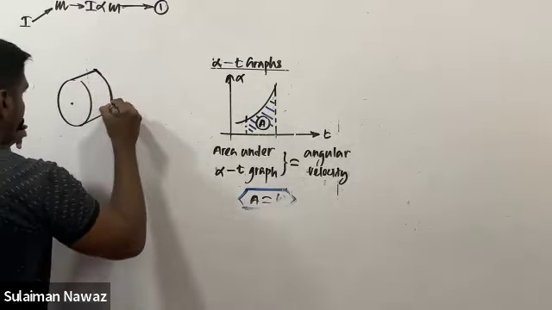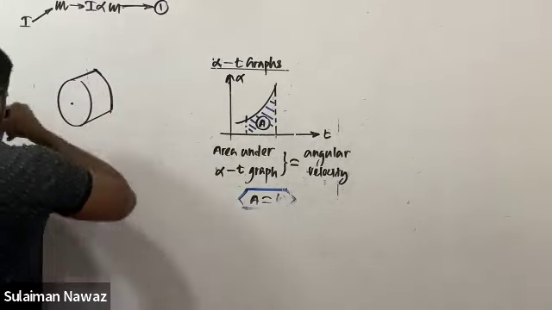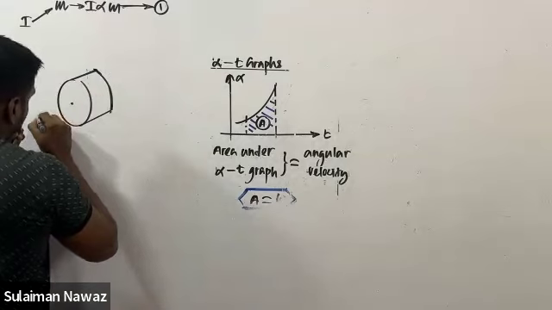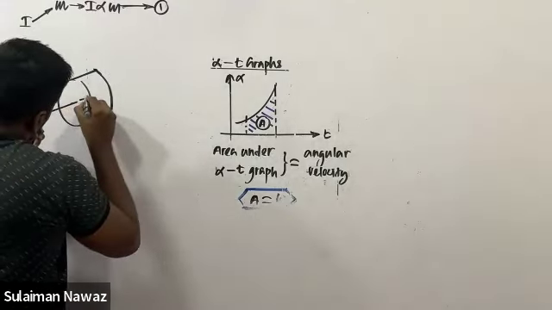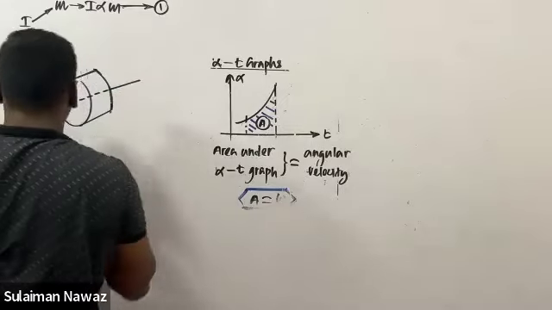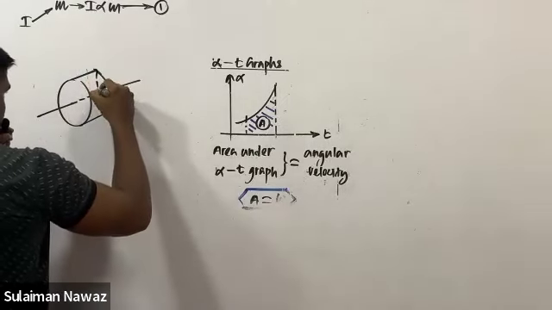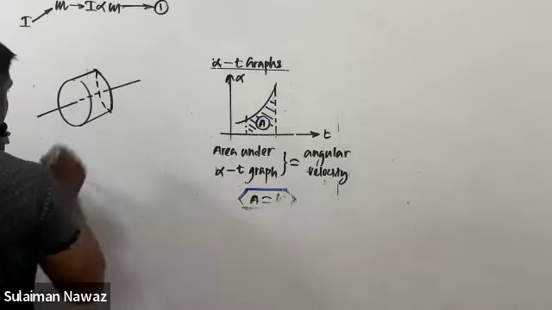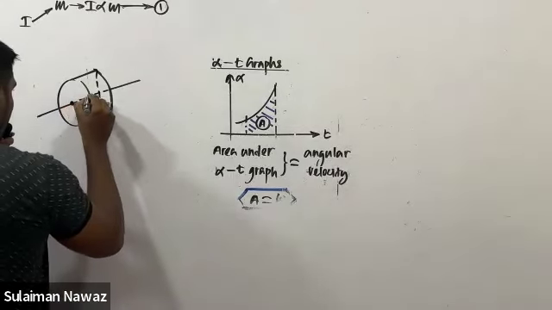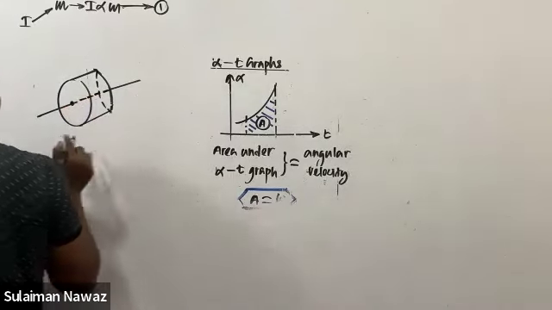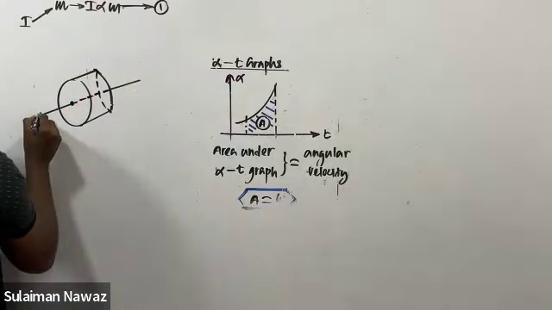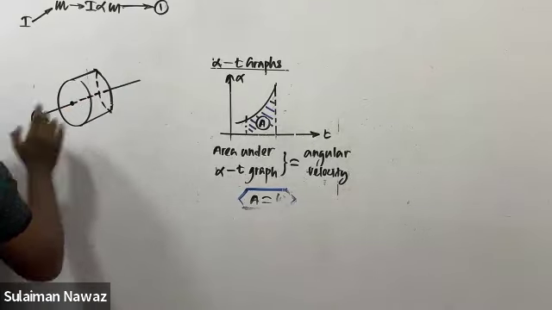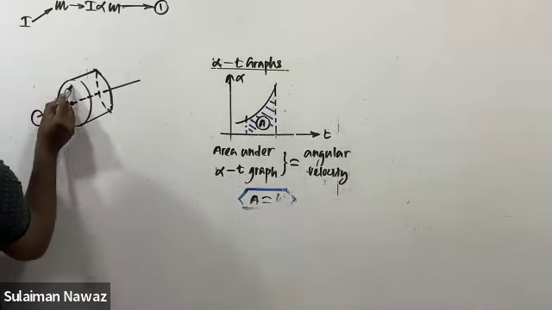If I now mark the rotational axis, this would be the rotational axis. I say the axis of rotation is in this direction. Then it's a solid cylinder.